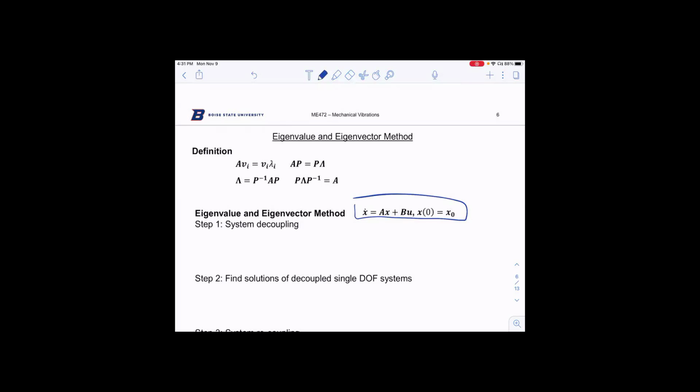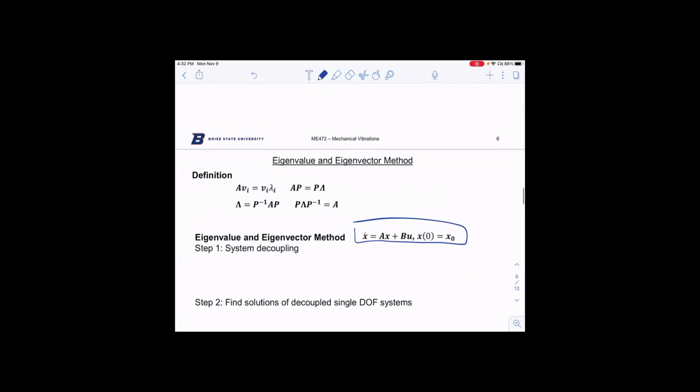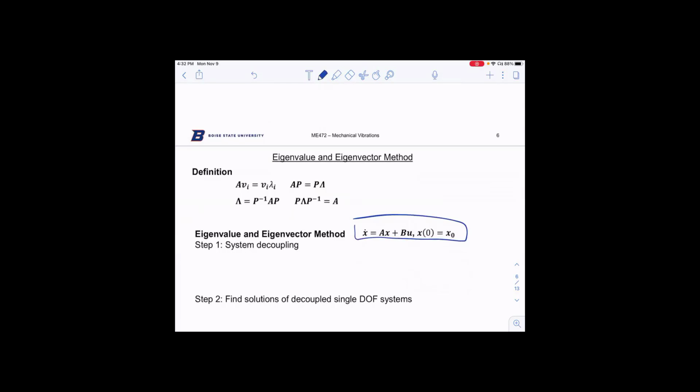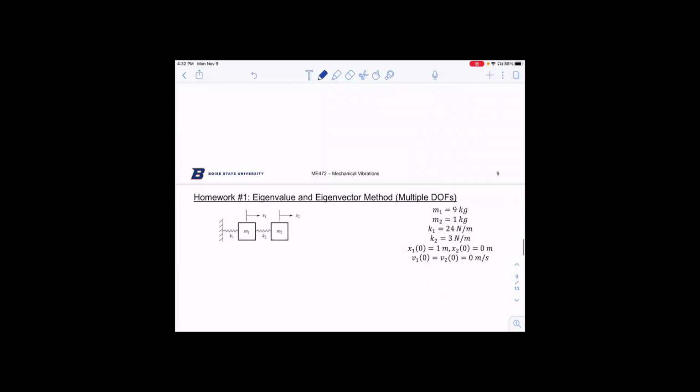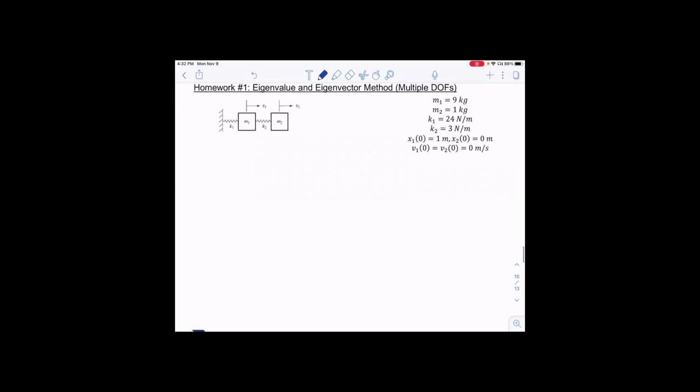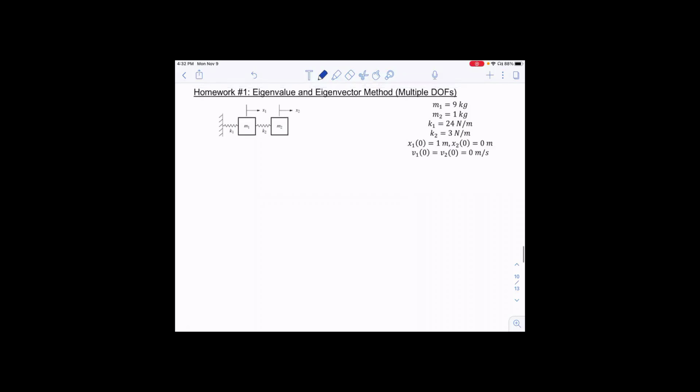We have a total number of n equations lumped together, so all the coefficients are in a matrix. We learned how to use either the inverse Laplace transform, or the so-called eigenvalue and eigenvector method to solve this kind of problem. I think last time I didn't have time to explain how to use eigenvalue and eigenvector.